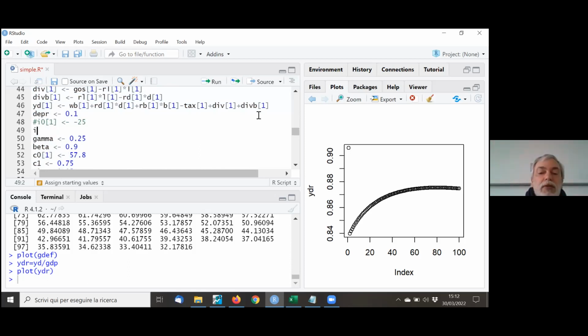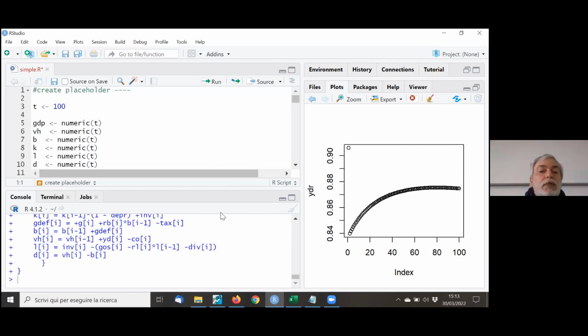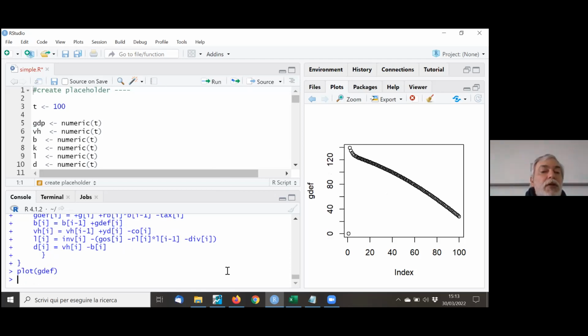Let's follow my intuition, that the constant in the investment and consumption equation creates trouble. So let's set it to 0 and see what happens. Let's plot the government deficit.